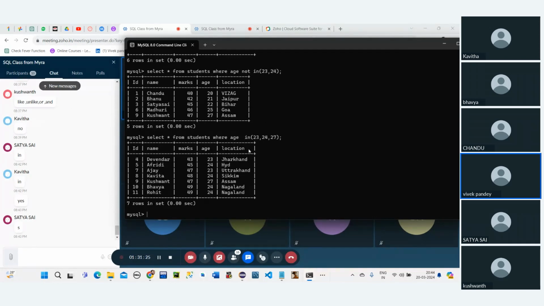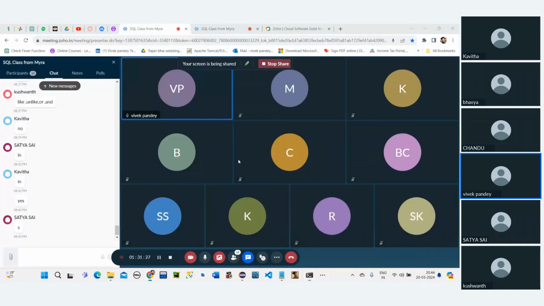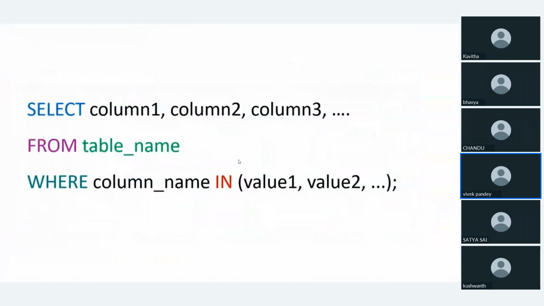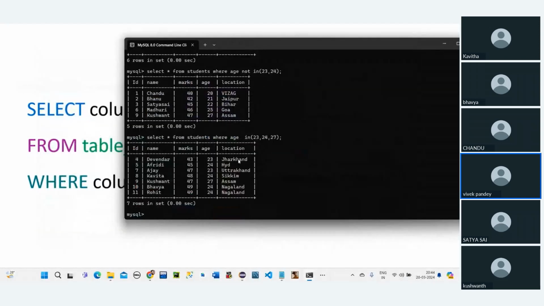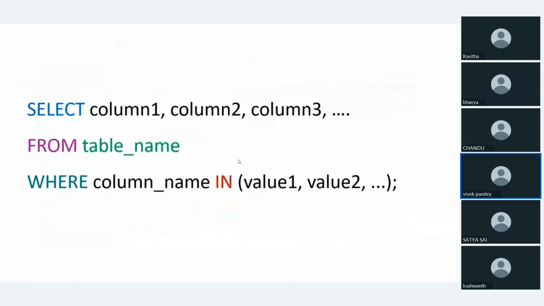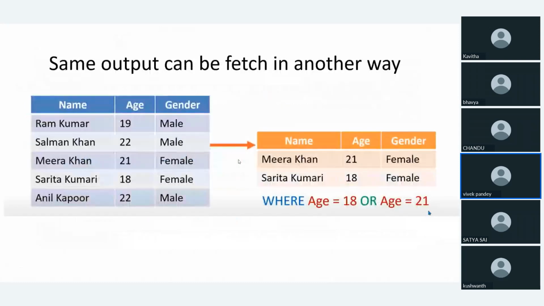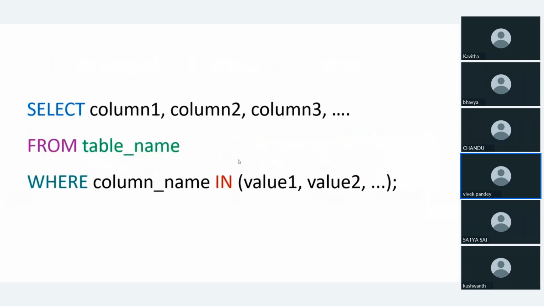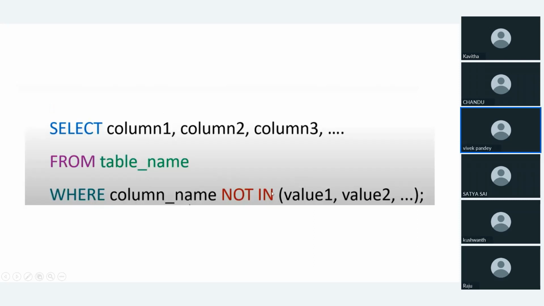Very simple. You can make a note of this syntax: where column name in, and this is not in.